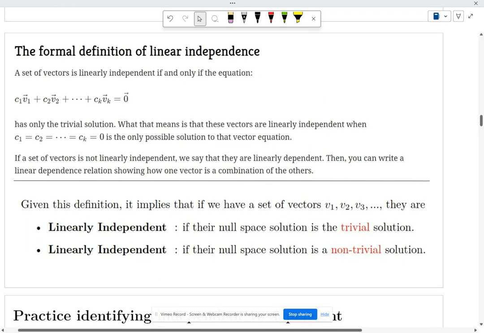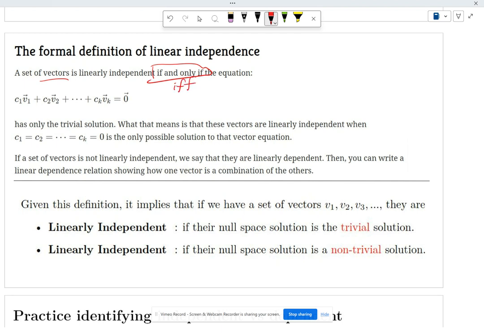Now we can have a formal definition of linear dependence. It's saying that a set of vectors is linearly independent if and only if. If you remember what I meant by if and only if, it means the implication holds in both directions.